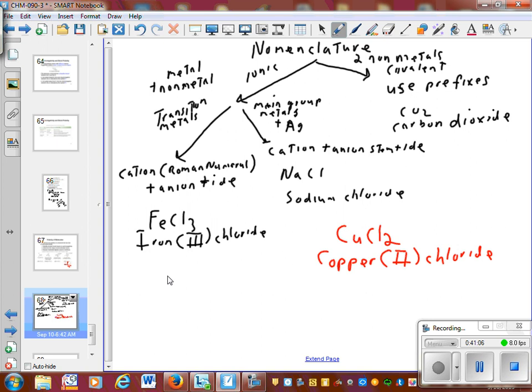So, PCl3, ionic or covalent? Why? Two nonmetals. Phosphorus trichloride.